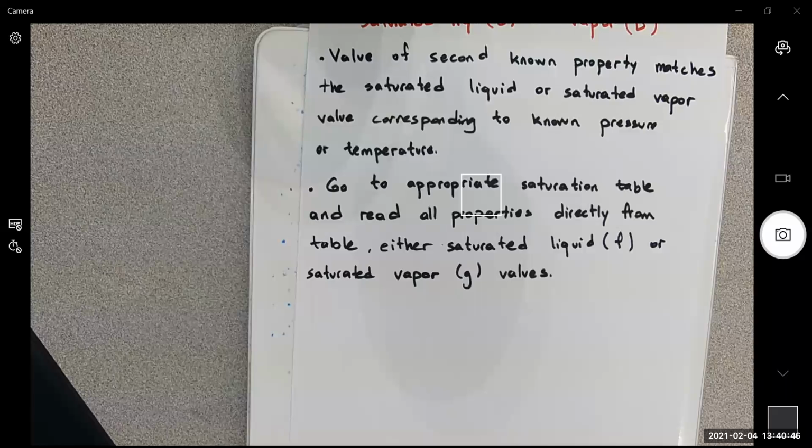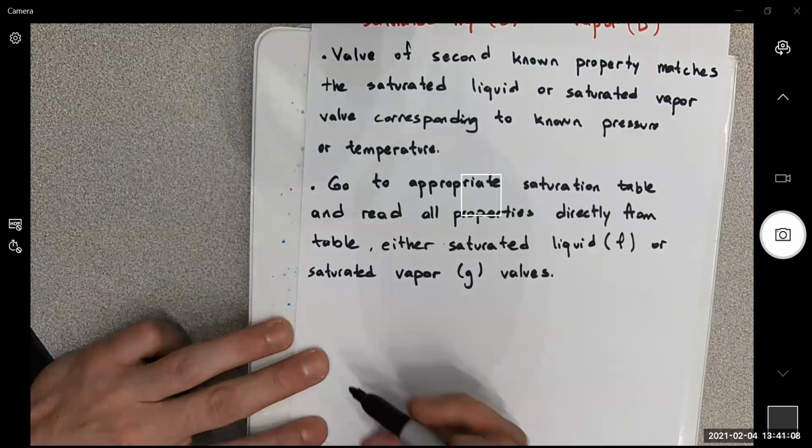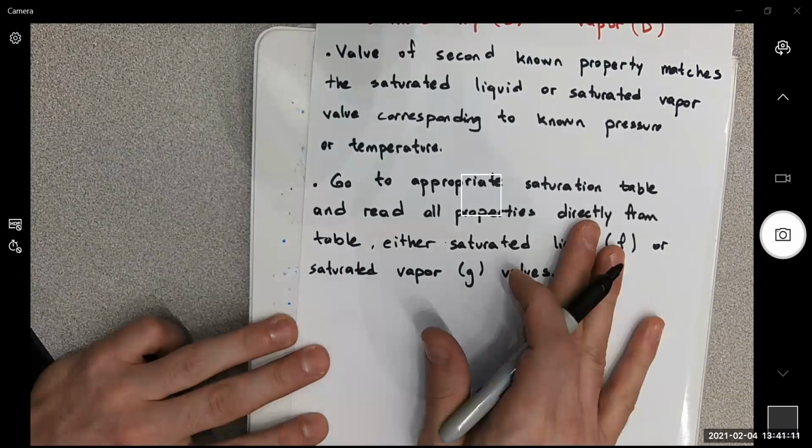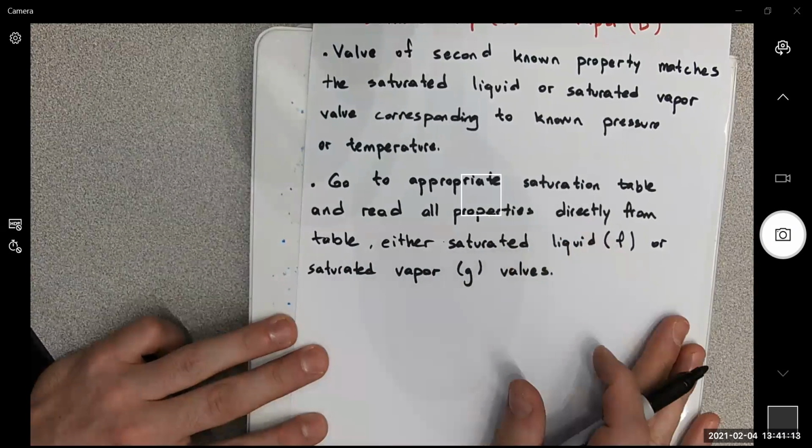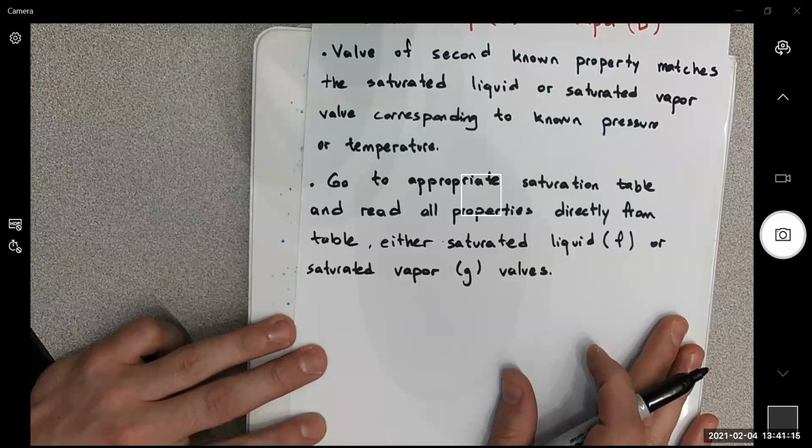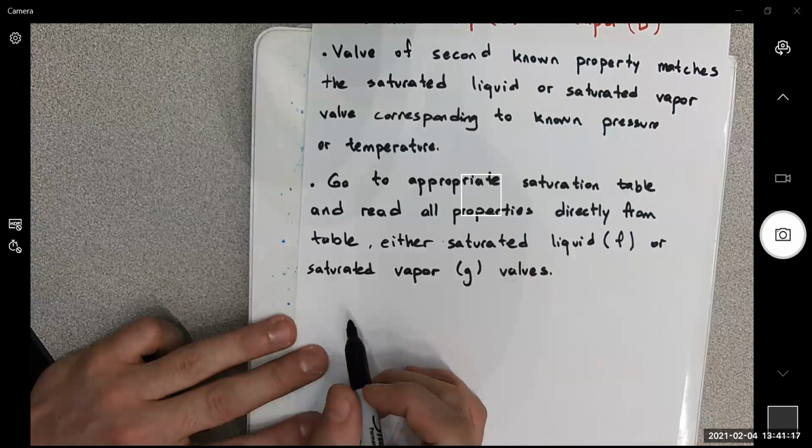If you are standing on those lines, left line or right line, and you have the exact value, either in specific volume, internal energy, enthalpy, or entropy, you determine where you are depending on the values you have, after comparison. Then go to the appropriate saturated table and read all the properties directly from the table, either saturated liquid or saturated vapor.